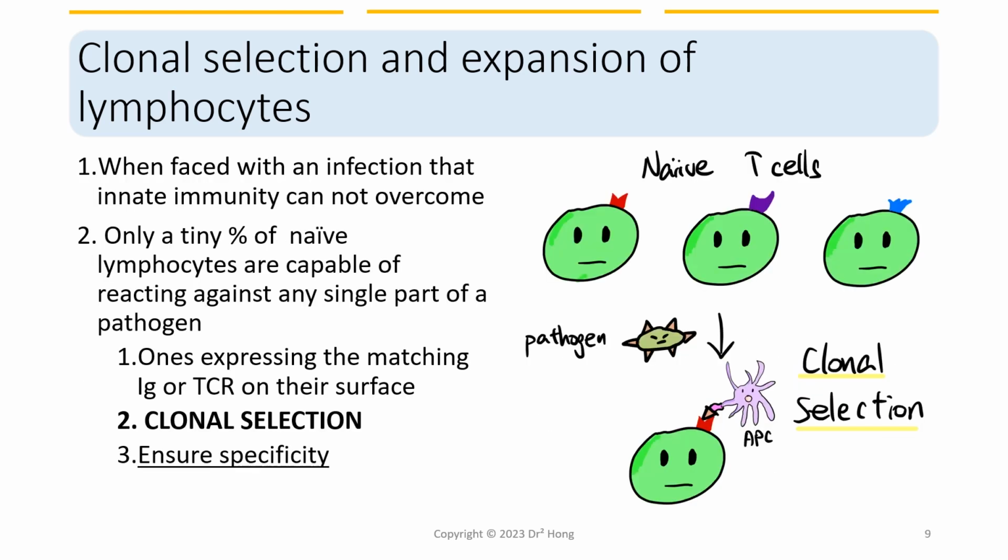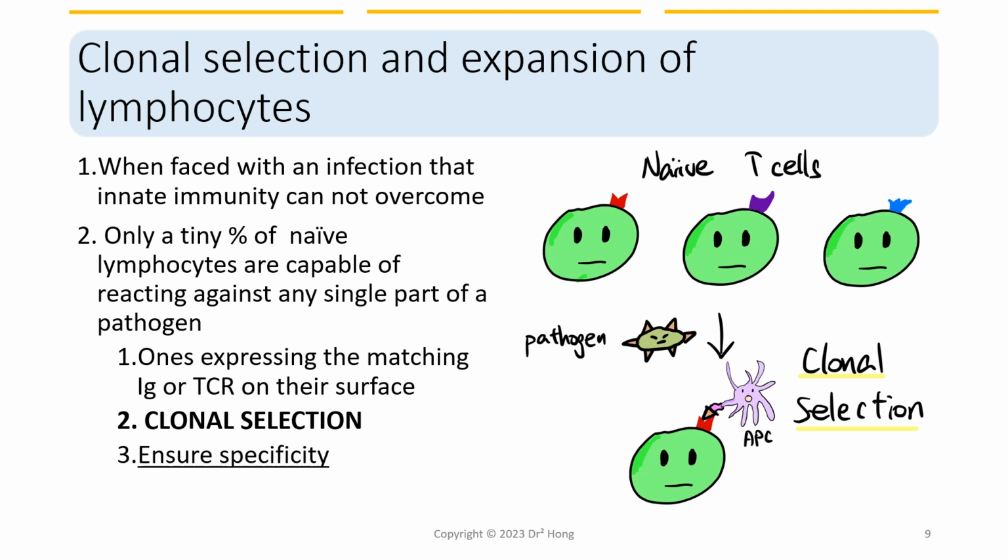So now we will begin to talk about a process called clonal selection and expansion of lymphocytes. This process happens to both B lymphocytes and T lymphocytes, but we are using T lymphocytes as illustrations here. When we face an infection that the innate immunity cannot overcome, the adaptive immunity is going to kick in.